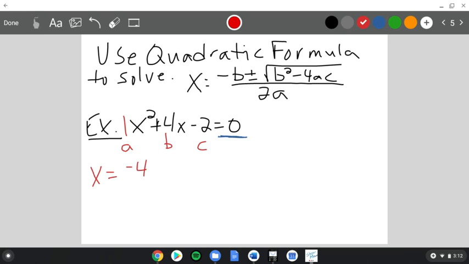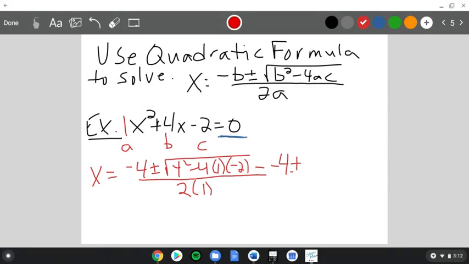There's a negative in the formula, plugging in a 4, plus or minus square root 4 squared minus 4 times 1 times negative 2, all over 2 times 1. Then that would be negative 4 plus or minus square root.